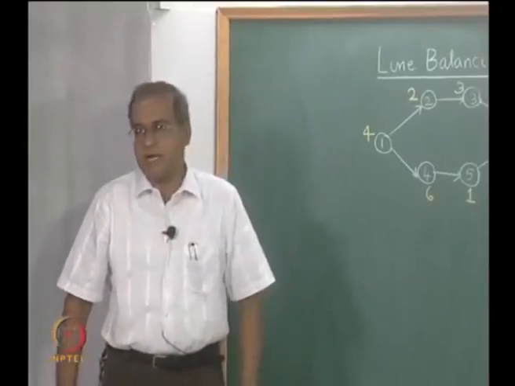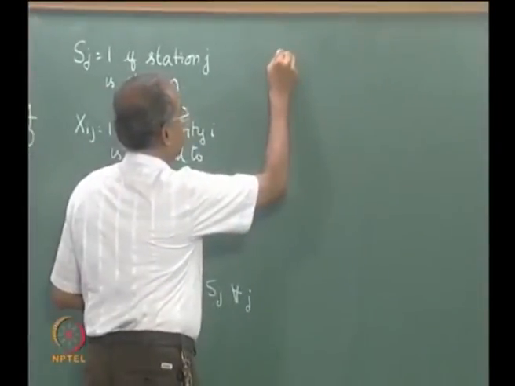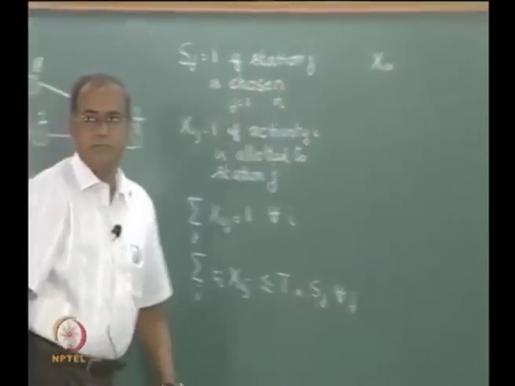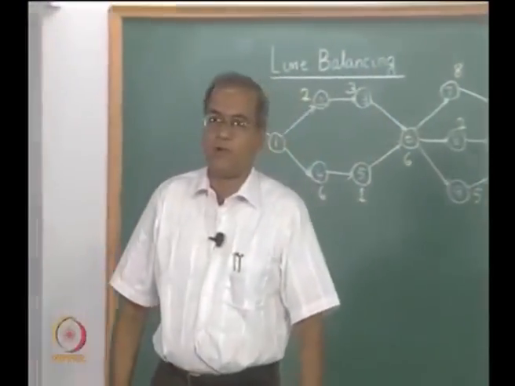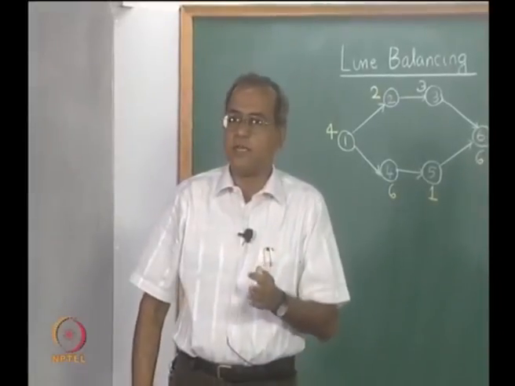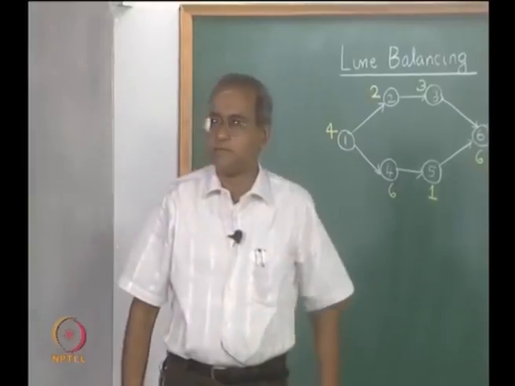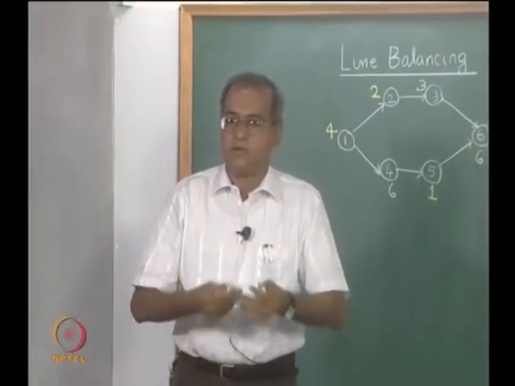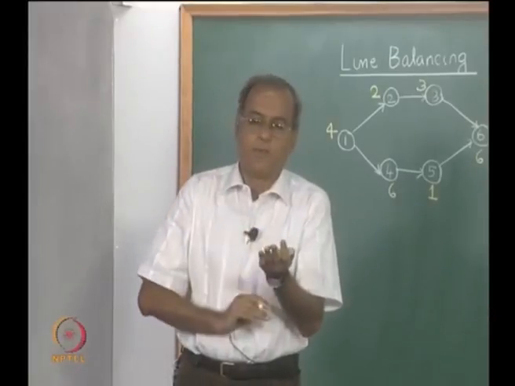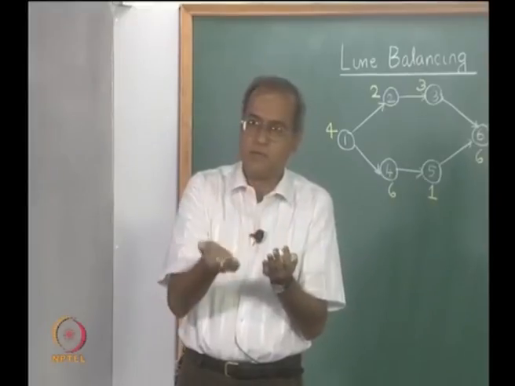Now this would mean that if for example we have x11, which means activity 1 is assigned to station 1, activity 2 can be assigned to station 1, 2, 3, 4 up to 11. If 1 and 2 are assigned to the same station 1, the operator will first assemble component 1 and then assemble component 2.